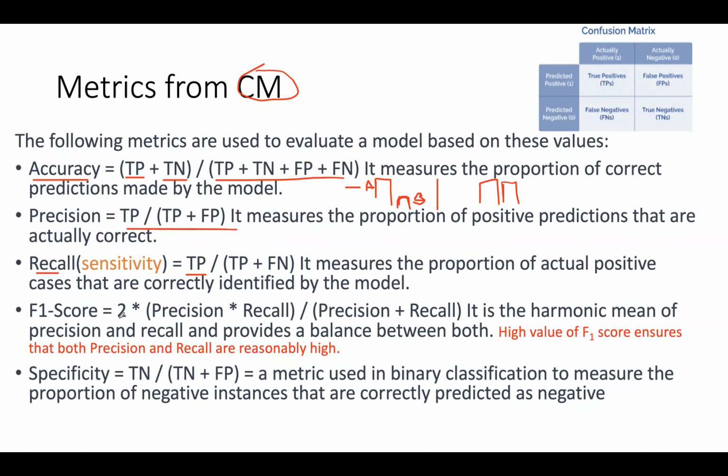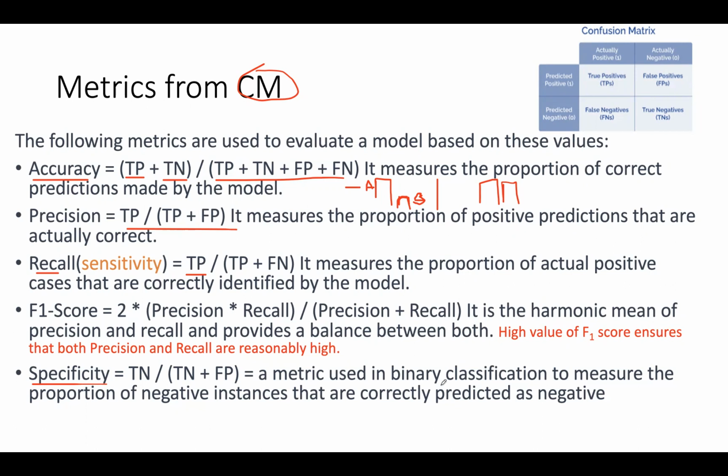And then we have the F1 score. Sometimes we call this the harmonic mean. It's given by this equation: 2 multiplied by precision times recall, divided by precision plus recall. A high value of F1 score ensures that both precision and recall are reasonably high. And lastly, we have specificity, which is given by true negative divided by true negative plus false positive.